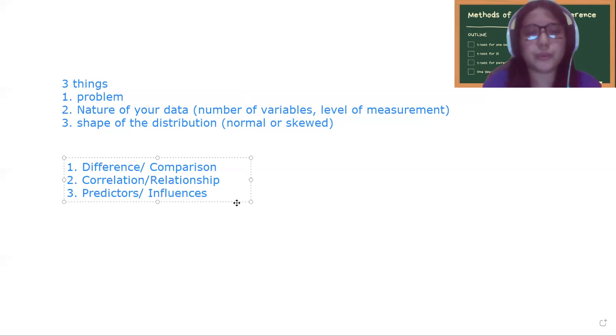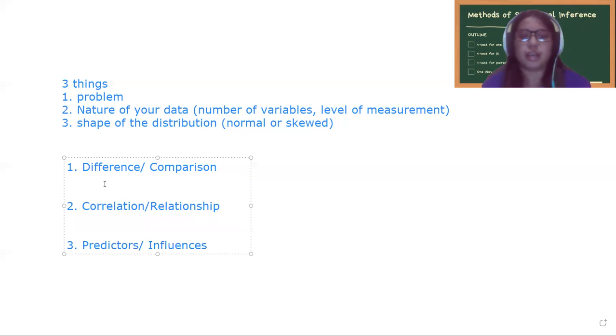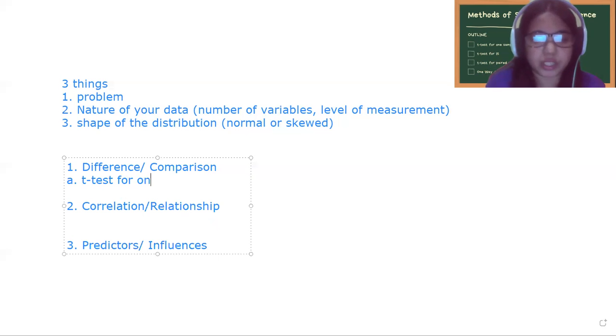Okay, so for instance, if you are going to answer a problem that is about comparison or differences, it is possible that you will be using the t-test for one sample.